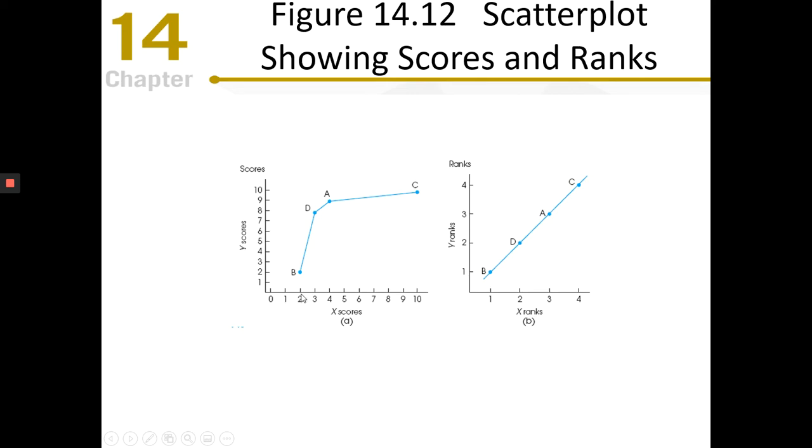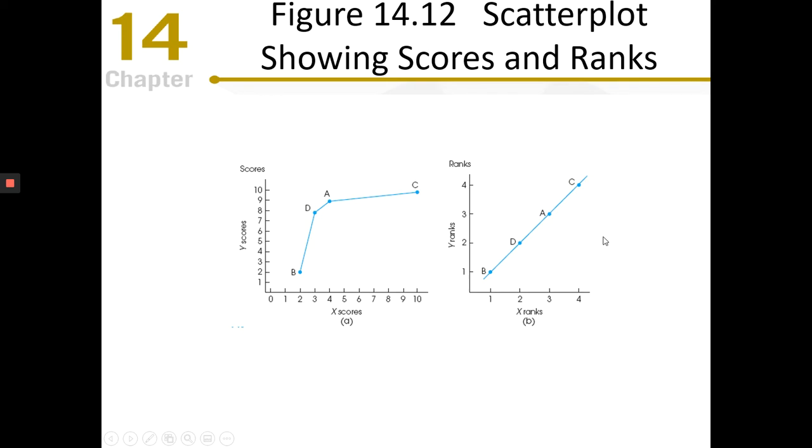So the rank for B is 1 on both X and Y, because they're down here. The rank for D is 2, because they're second lowest on X, second lowest on Y. So D is 2 and 2. A, 3. They're the third lowest on both variables. And C is 4. They're the highest on both variables.